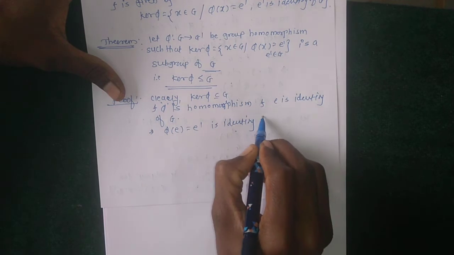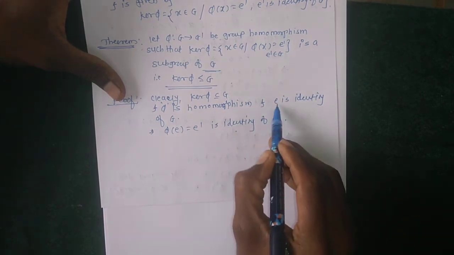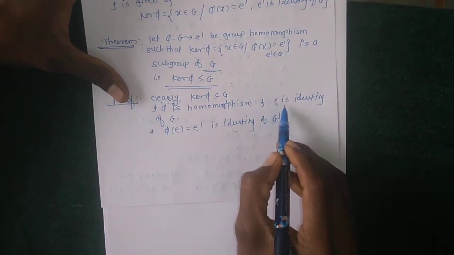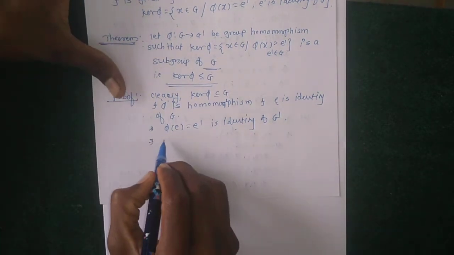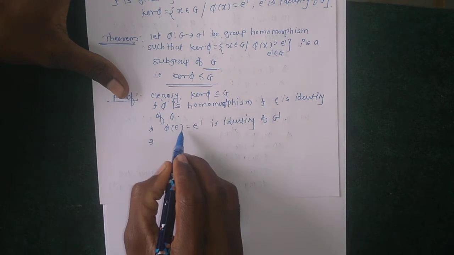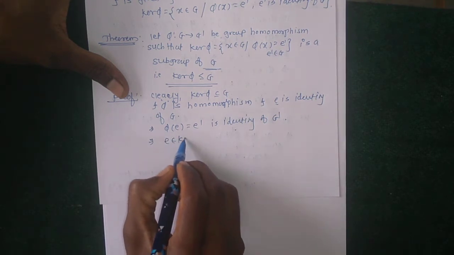Okay, the image of the identity element is the identity element in G dash, which implies that E belongs to kernel phi.